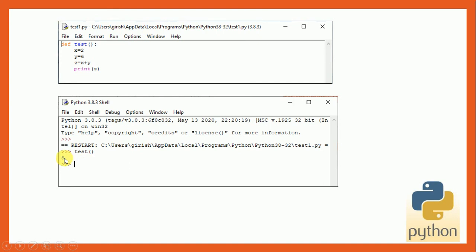While calling this test function, the interpreter will check where this function is and will directly move to this function and execute whatever operations or computations that we have written in this test function. So what is happening here? First x assigned 2, y assigned 6, then finding z, that is x plus y, and the result is printed in this Python shell. Is it clear?